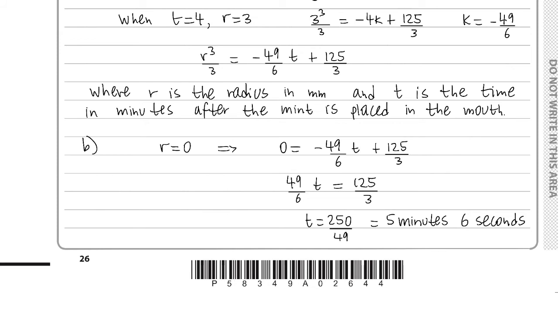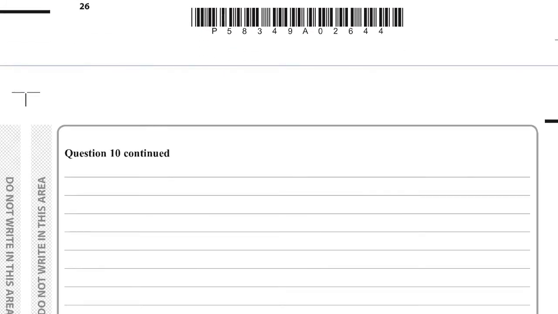Suggest a suitable limitation of the model. Well, someone could actually consider the time we obtain in B and simply say that the model is limited for times up to 5 minutes 6 seconds.